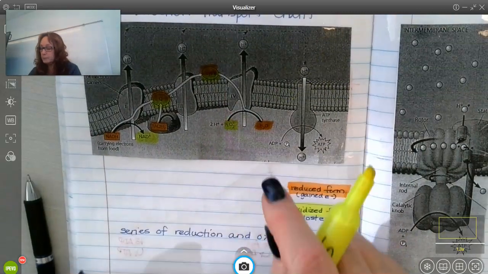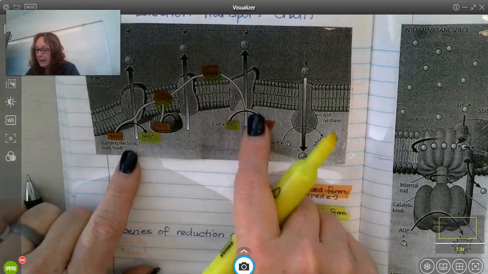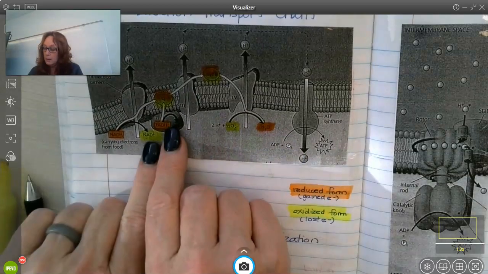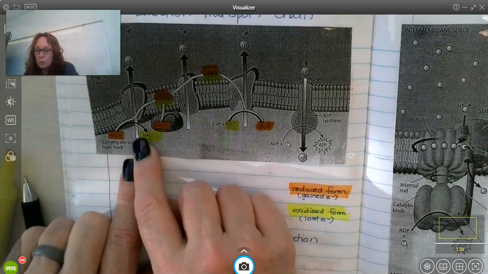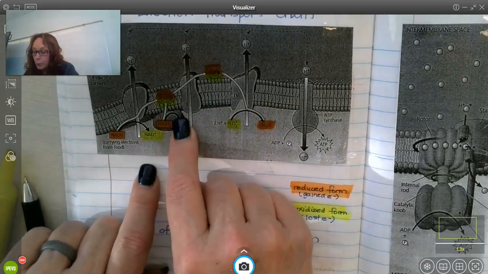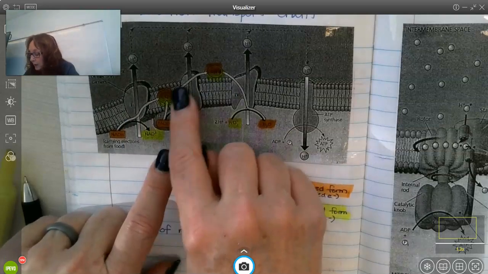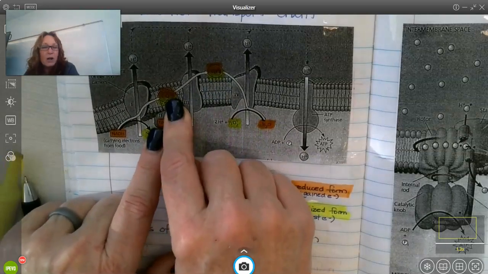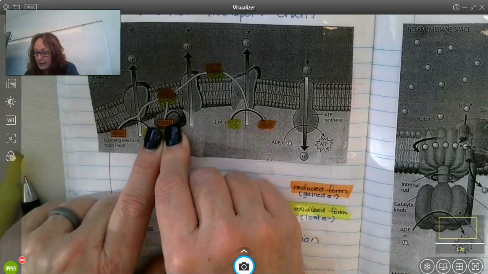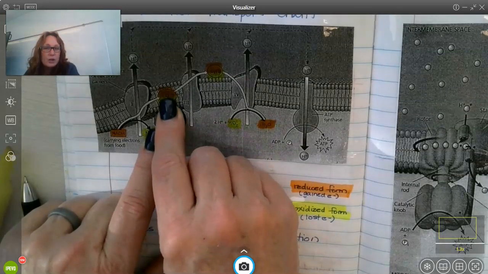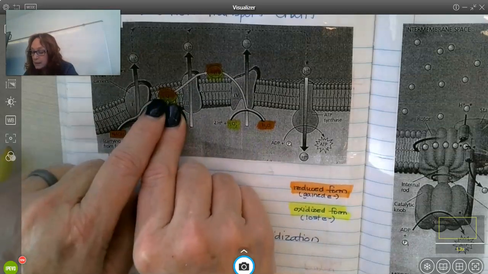So having this to where we draw it helps. FADH2 parks at this peripheral protein, complex 2, and Q in its little shuttle form can also take electrons from FADH2. When FADH2 loses its electrons to Q, Q is reduced.